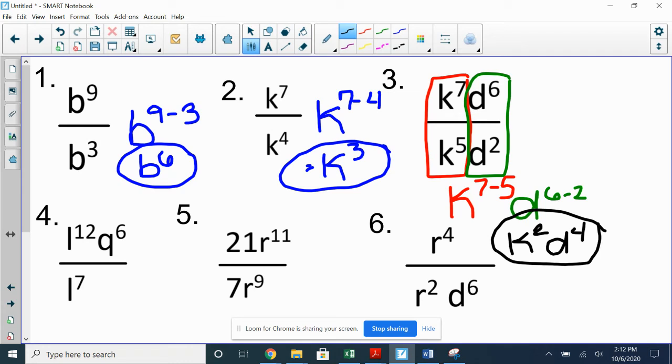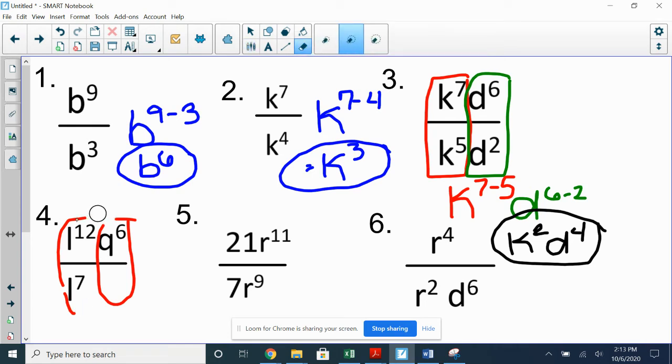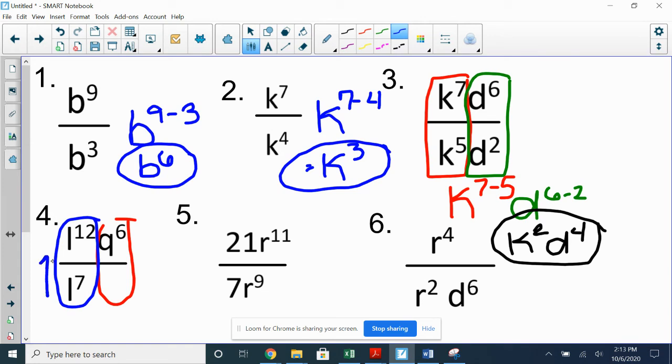All right, so let's look at another example. I tried to come up with as many different kinds of these problems as I could think of. So I have another one. What I notice about this is that I have two different bases. But if you look, I have a base of q at the top, but not at the bottom. And down here, and let me switch colors, I have a base of L and a base of L. Well, we know that when we are subtracting, we're moving these up.